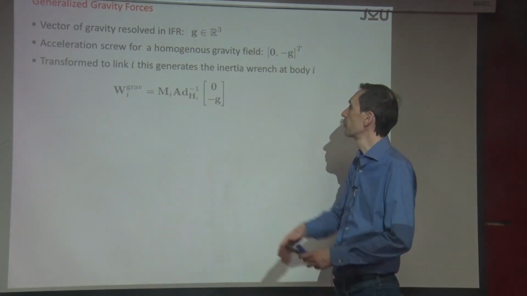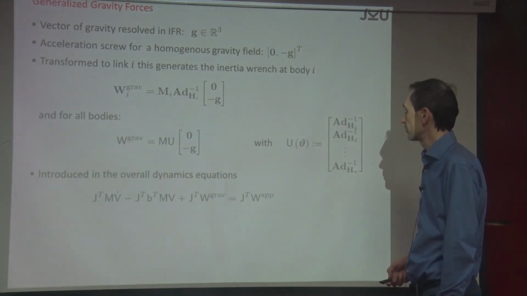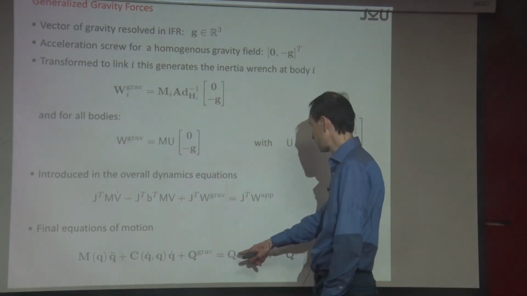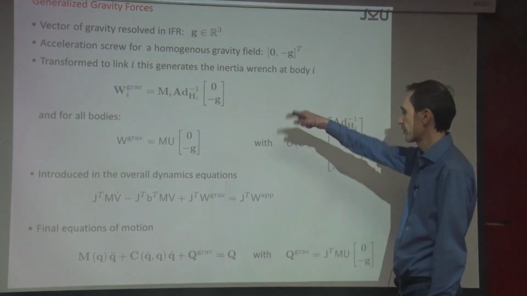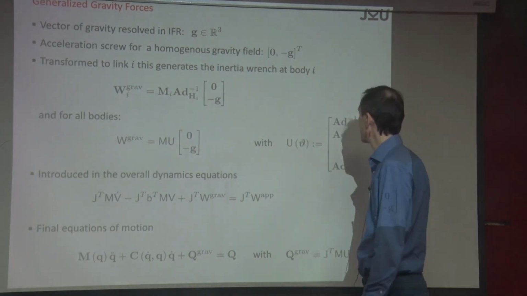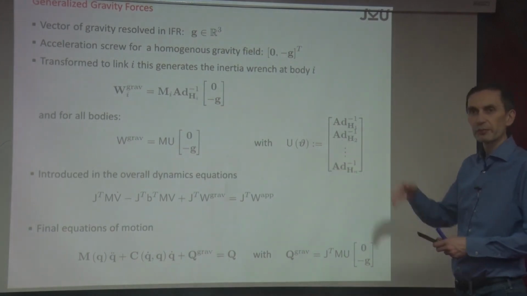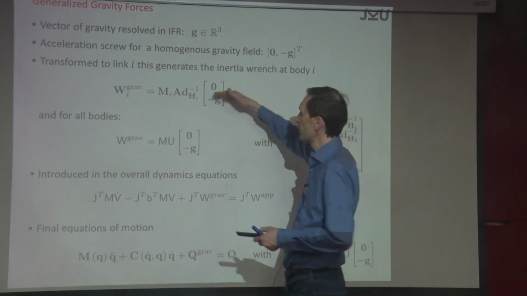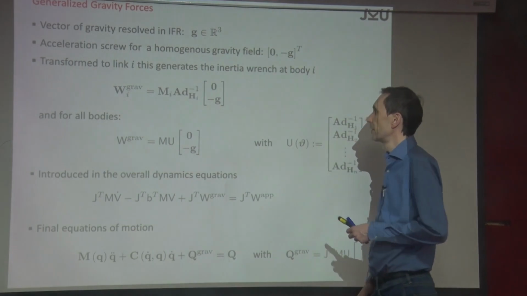And this is what you have to include if you have gravity. It goes on the left hand side if you have the minus there, because this of course is for body I. You have to do this for all the bodies because the gravity acts on all of them, so for I from 1 to m.